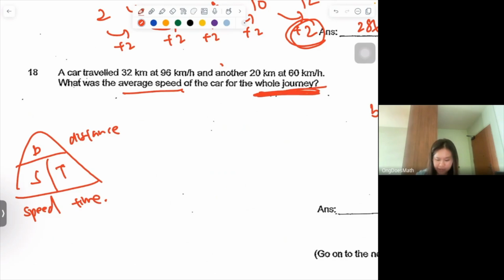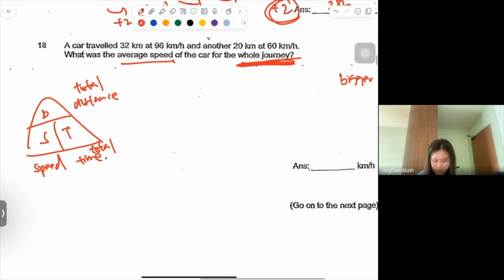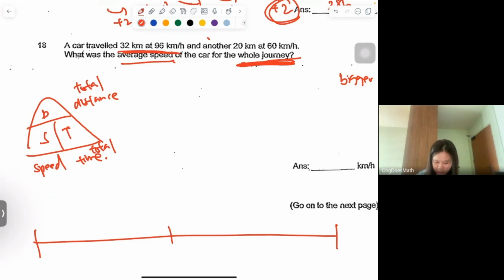So for a whole journey, you have to find the total distance and the total time to find the speed for the whole journey. So I will draw this line graph. For the first part of the journey, he traveled 32 km at 96 km per hour.